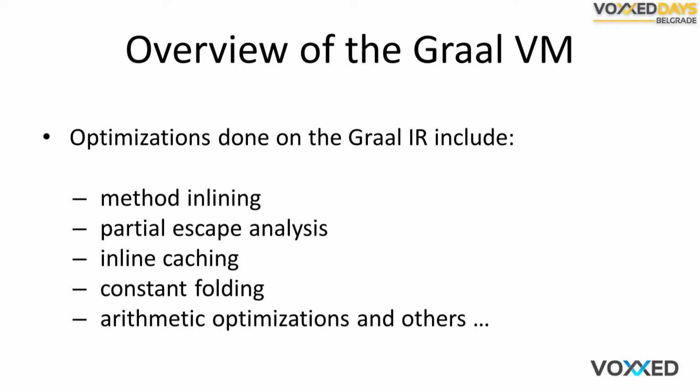We also have inline caching, and this is functionality that allows the Graal compiler to store some particular execution points with particular input when it executes a method. For example, imagine that you have a JavaScript application that executes some method and passes some integer every time.